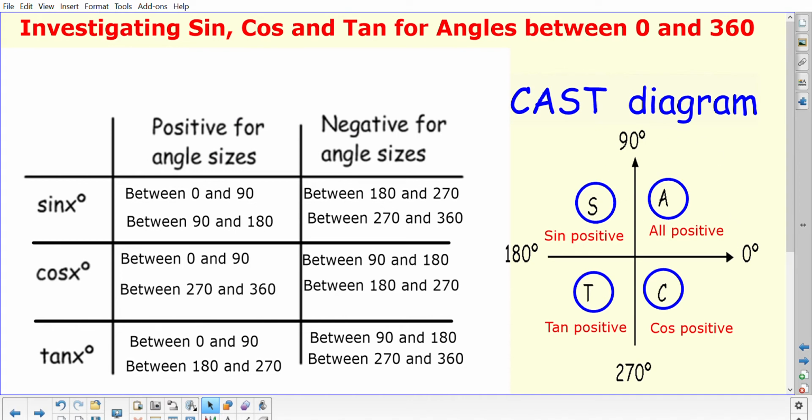I'm going to talk about quadrants when I do this.